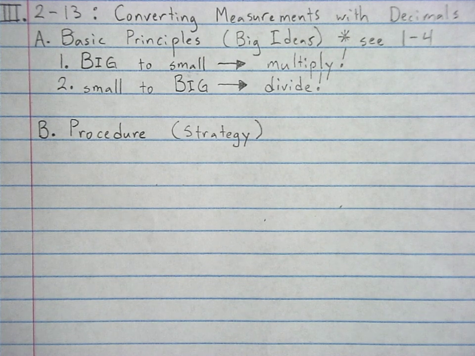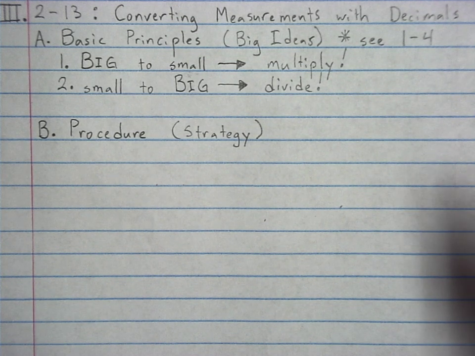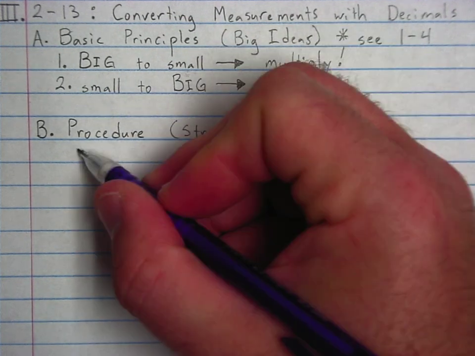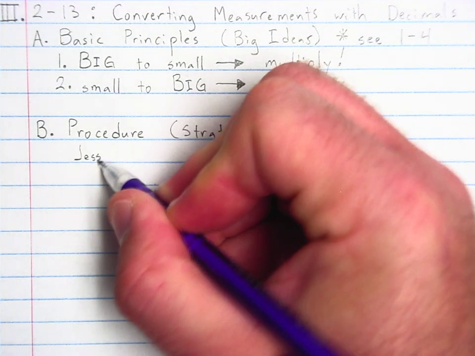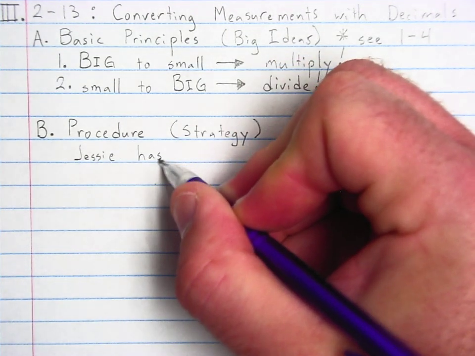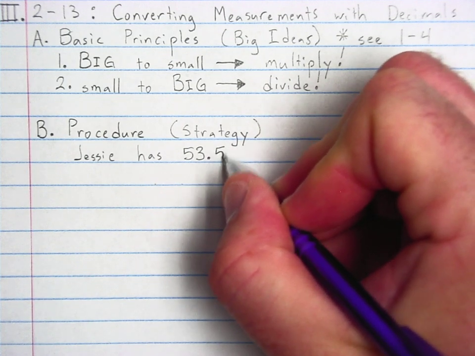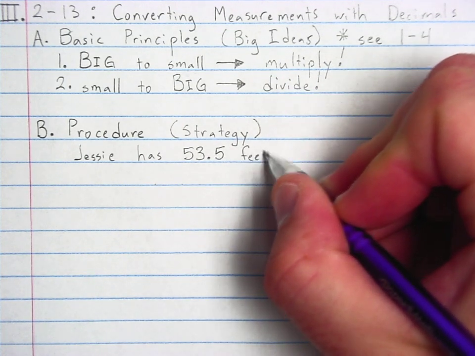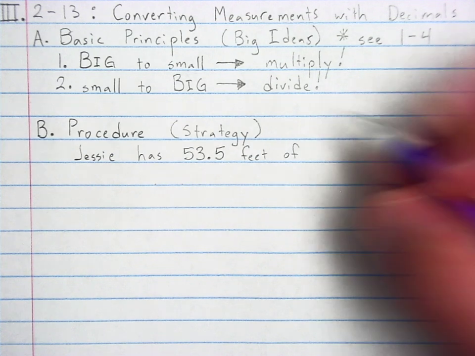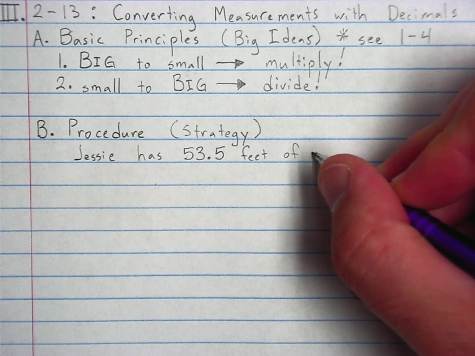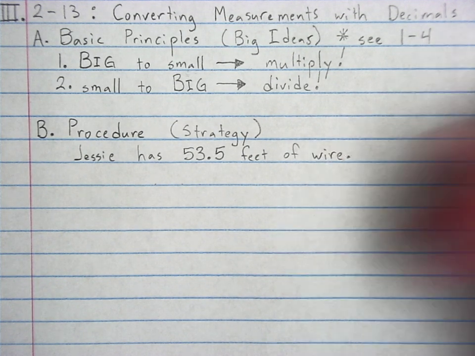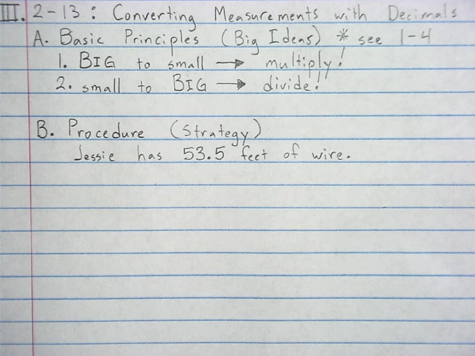Now I'm going to give you a word problem. Please copy this down. I won't make you copy it down more than once though. Okay. Let's see, Jessie has 53 and 5/10 feet of, let's say, wire. Jessie is doing some wiring at home.